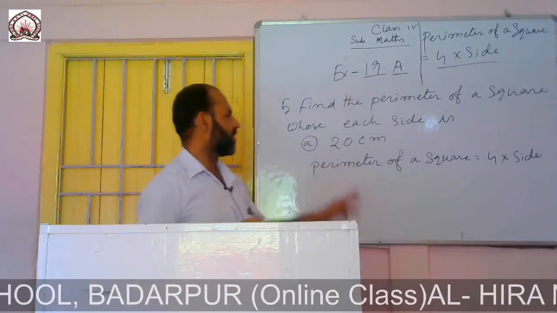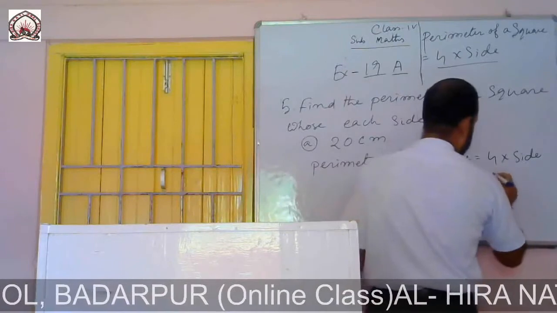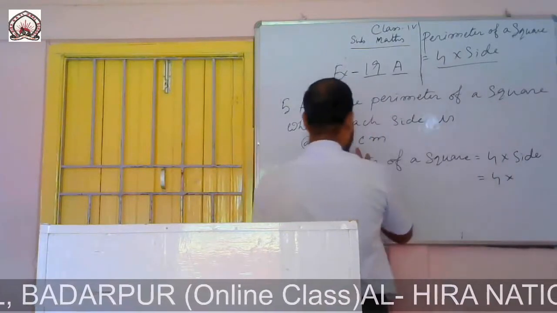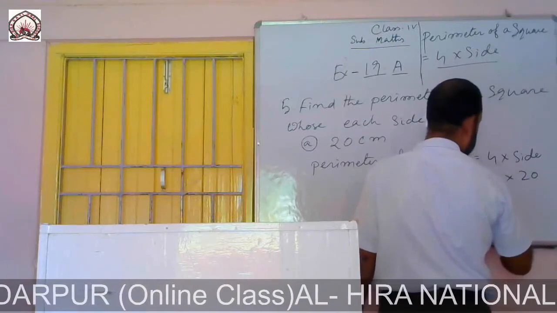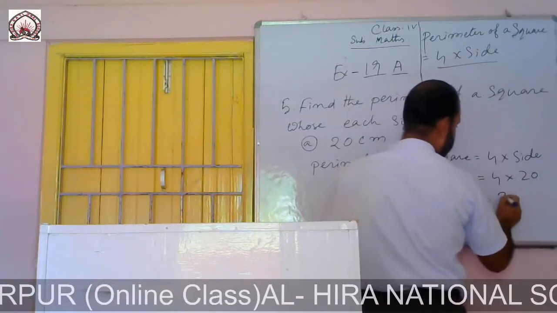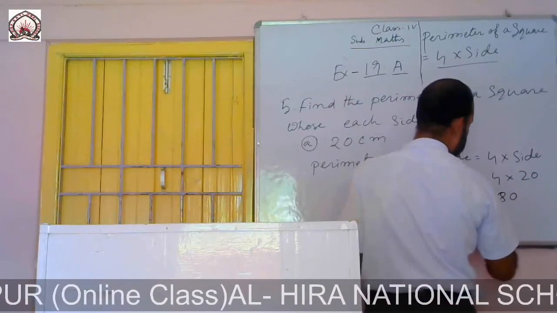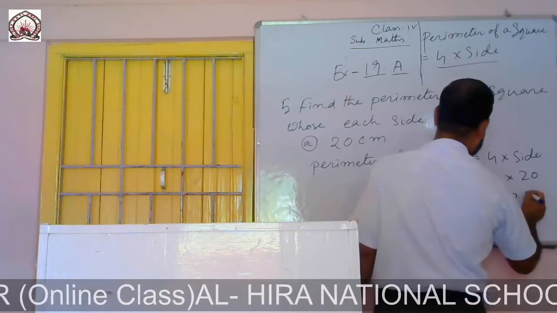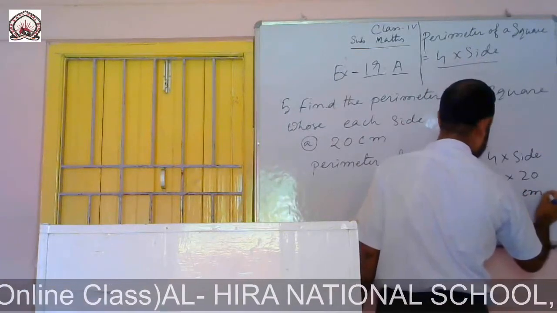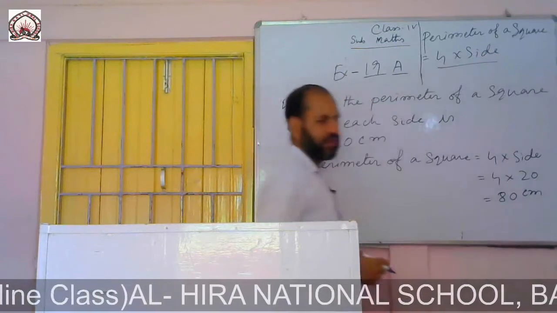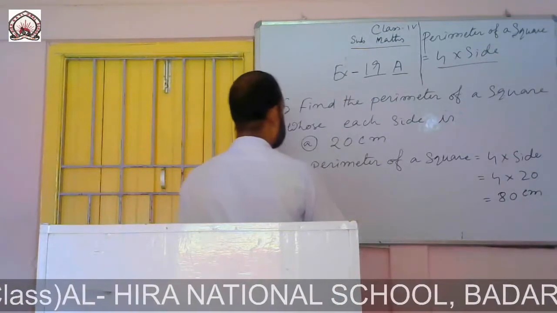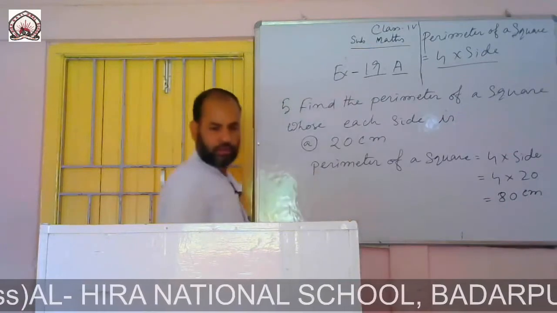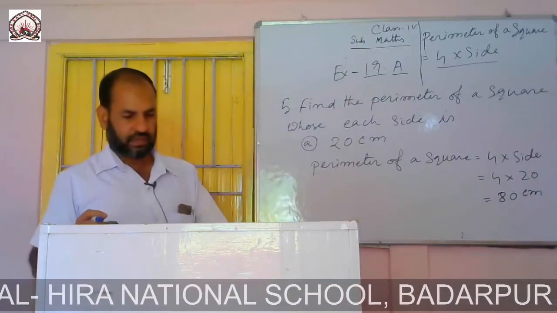So here 4 into side, equal to 20. So 4 twenties: 4 twos are 8 and 0, equal to 80 centimeter. Next, question number C.